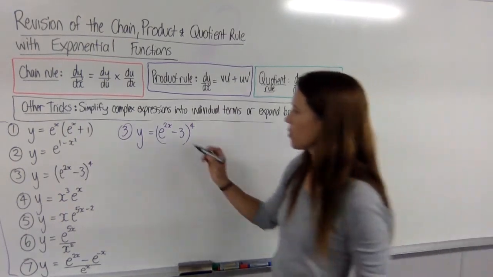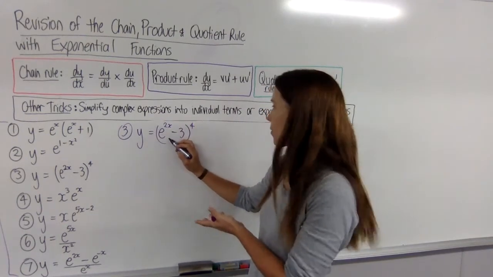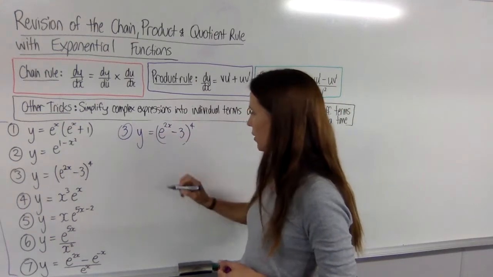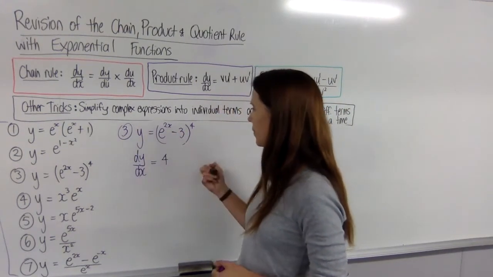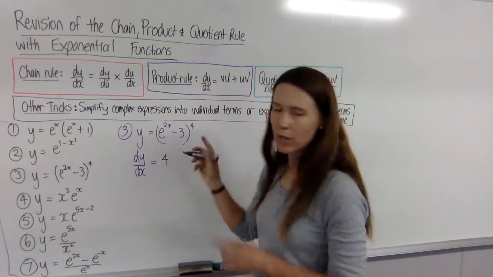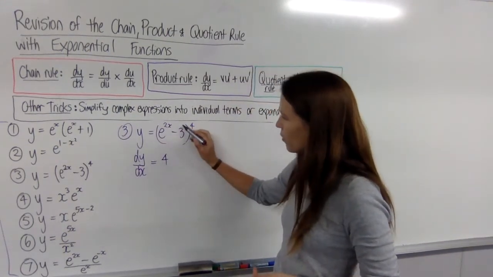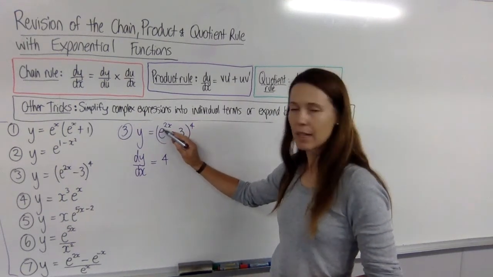Now what I would do is say, alright, I've got some stuff, a function here, raised to a power. So what I need to do is bring the 4 out the front. When I differentiate, the 4 needs to come out there. Also, the differentiation of what's in the brackets has to come out the front. And if I differentiate everything in the brackets, I'm going to get 2 lots of e to the power of 2x.